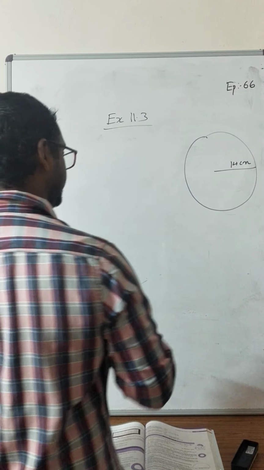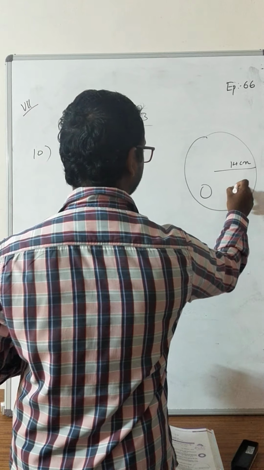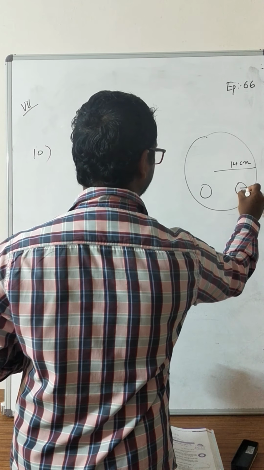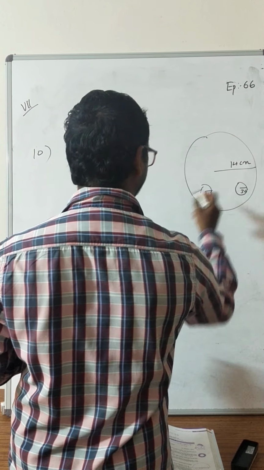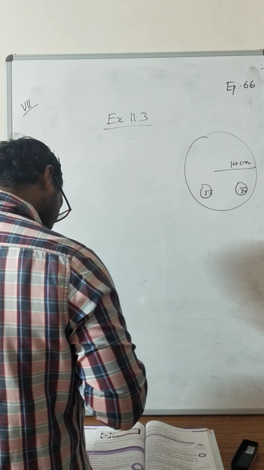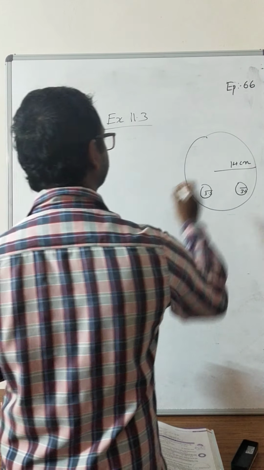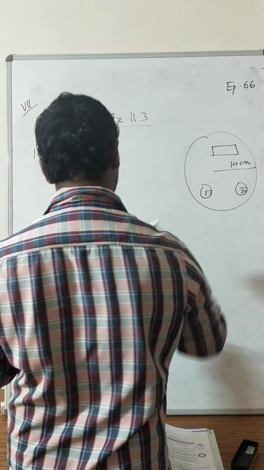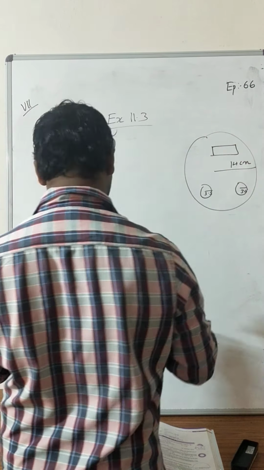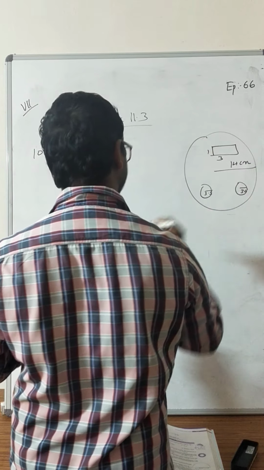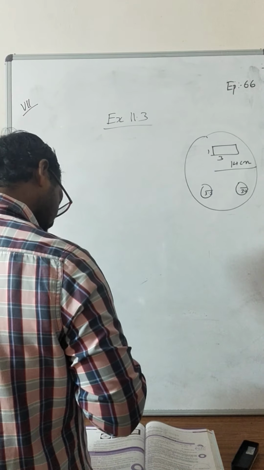Two circles of radius 3.5 and a rectangle of length 3 centimeter into 1 centimeter are removed.